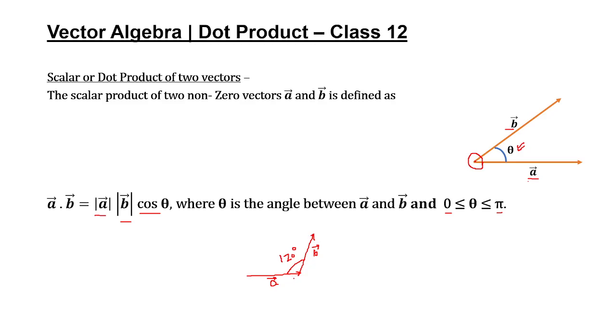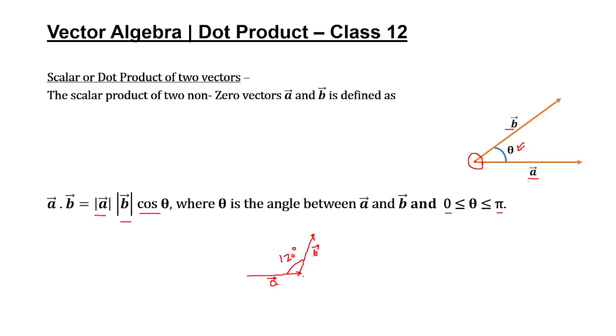So if we see here, the terminal point of vector A is meeting with the initial point of vector B. So 120 cannot be the angle between vector A and B. So how to find that angle?